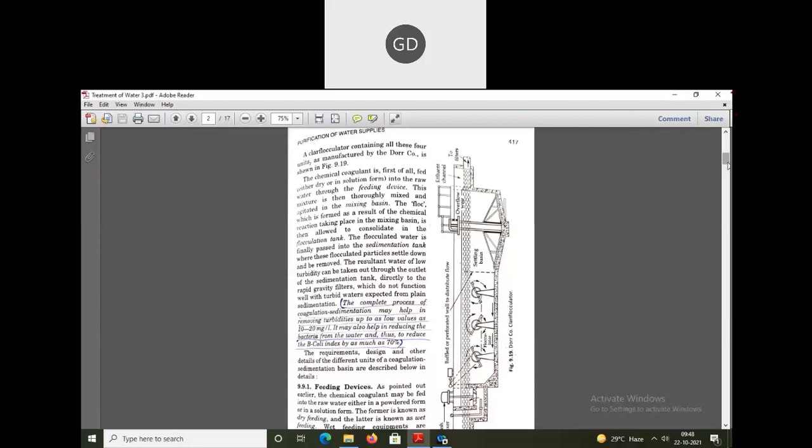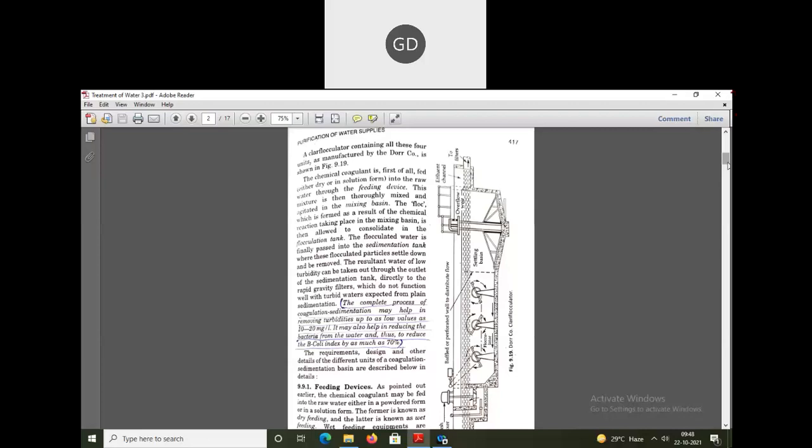In the feeding device, the chemical coagulant is added either in a dry form or in a solution form to the raw water.